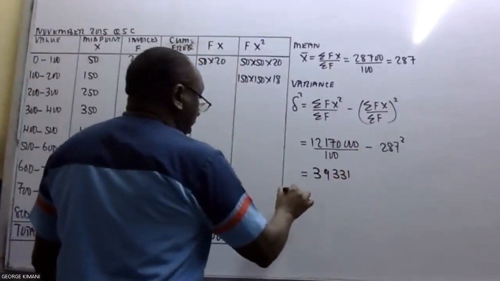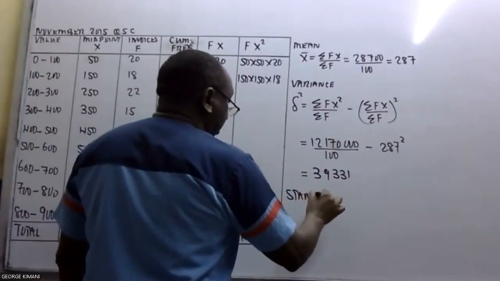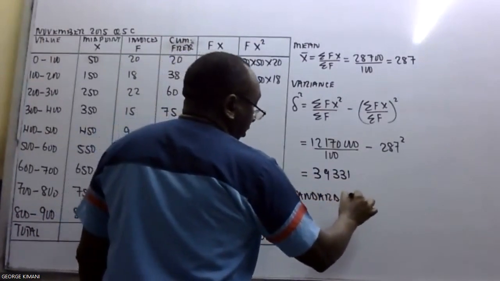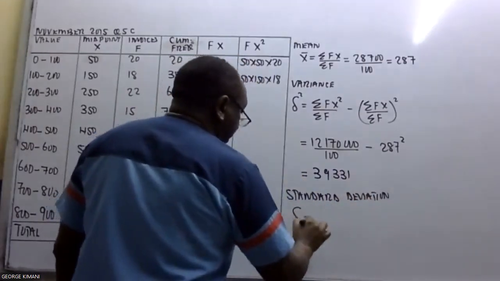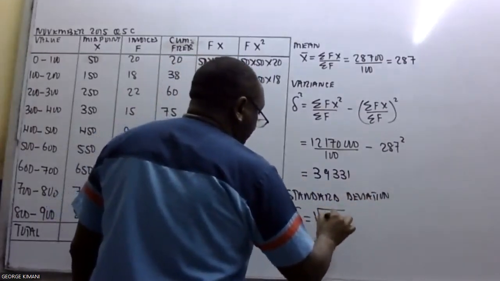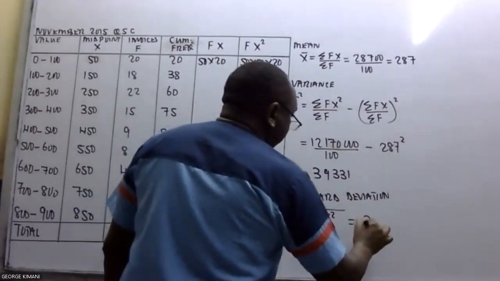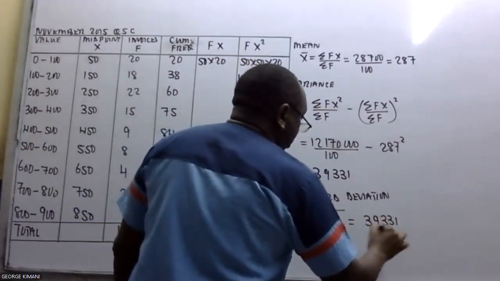Then we compute someone else known as standard deviation. Now, standard deviation delta is simply the square root of the variance. So give me the square root of that answer.